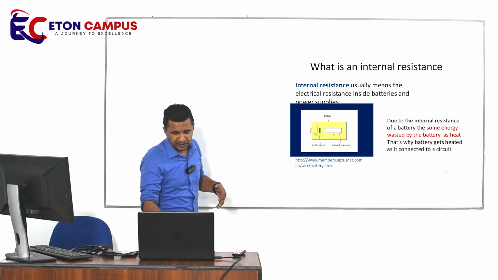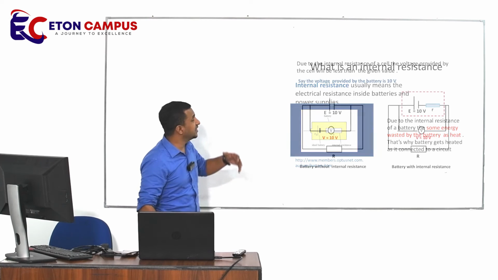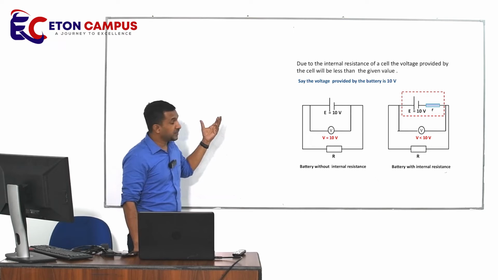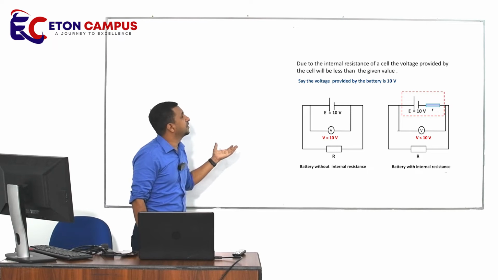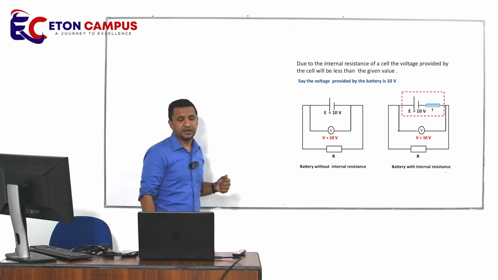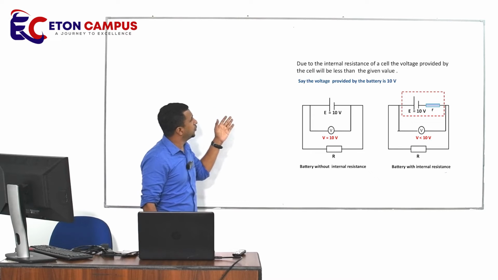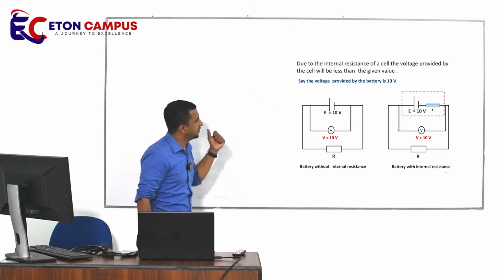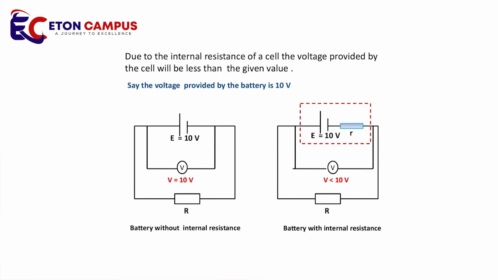That is what I have mentioned here. You can see this circuit. I have given two circuit diagrams, one without the internal resistance and the other with the internal resistance, and I have connected two voltmeters across them. Without the internal resistance, if you connect a voltmeter, it is going to show the same voltage as the battery's voltage.